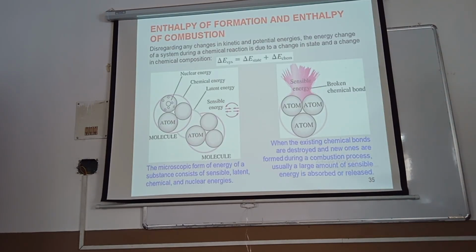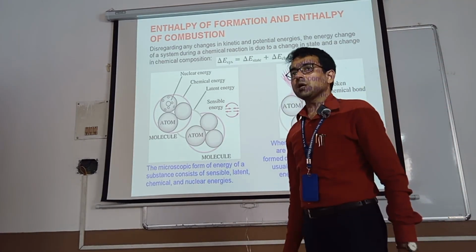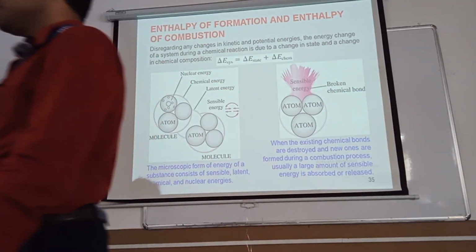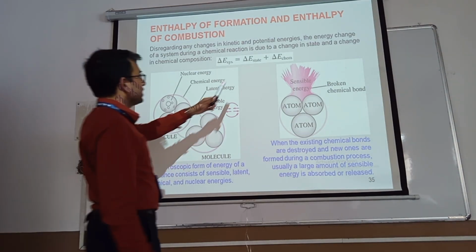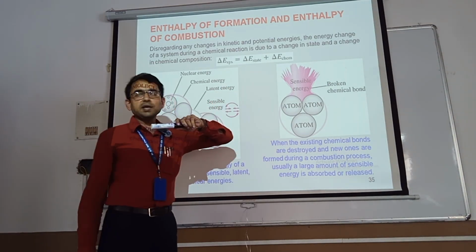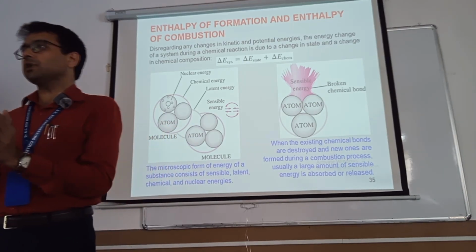Change in energy of the system is equal to change of state and change due to chemical change, right? Change due to chemical reaction and change due to physical change. That means when there is a change in temperature and change in pressure, then it is a physical change. That is called change in energy of the state. When there is a chemical change, that means from reactants to products, that is called chemical change.